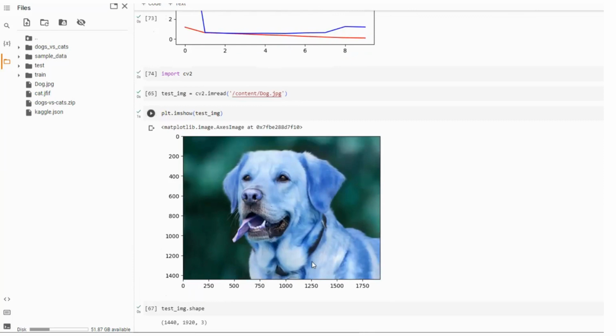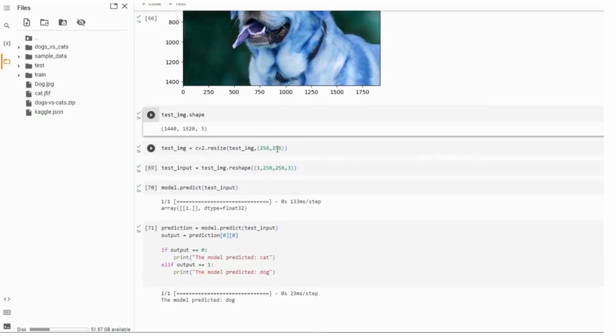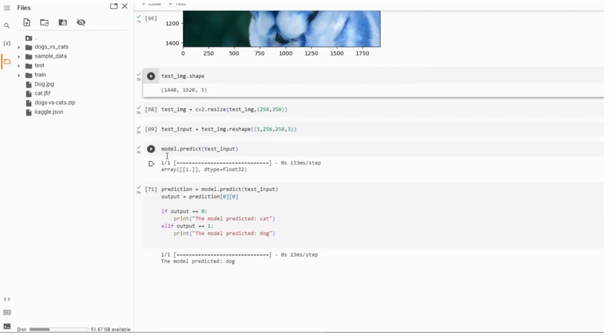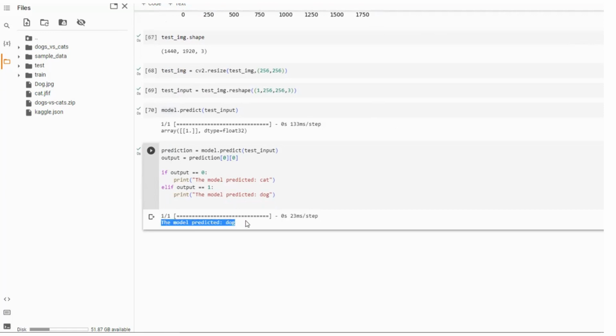This picture's shape is around 1400, which is quite high and cannot be used, so we have resized it to 256 by 256. Then the model predicts array 1, and 1 here means the model predicted dog. Hence, successfully this was done.